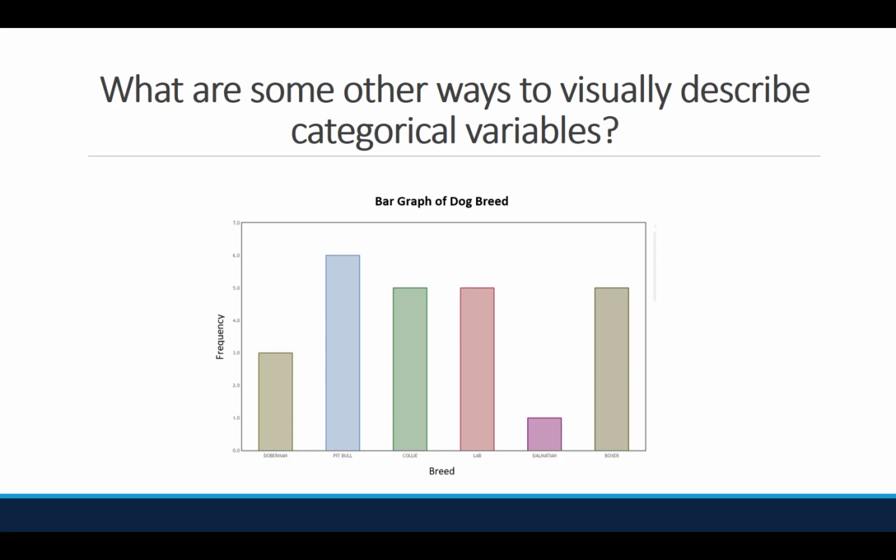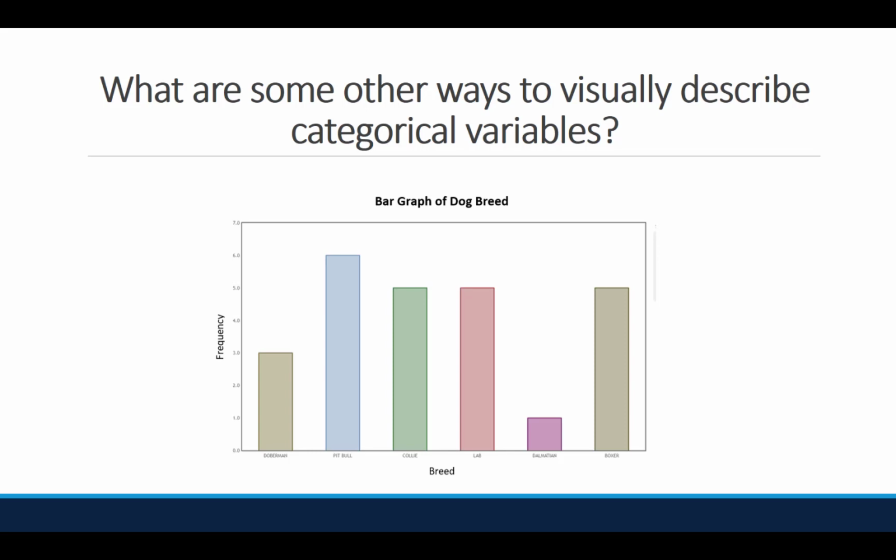Recall that in the 6.1 notes, we used a frequency table to summarize the categorical variable breed. The bar graph is just a visual representation of that frequency table. If you go back and look at the frequency table, Doberman had a count of 3. This is why the bar has a height of 3.